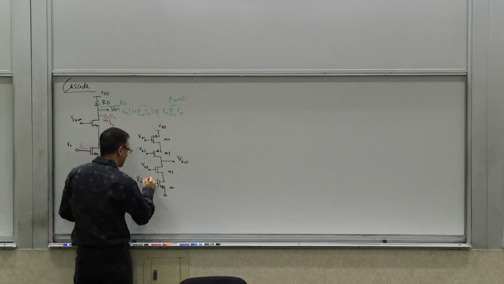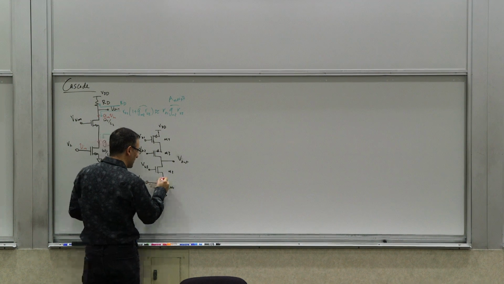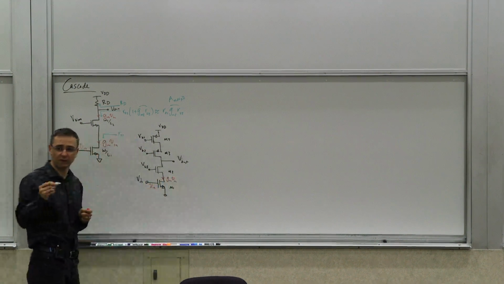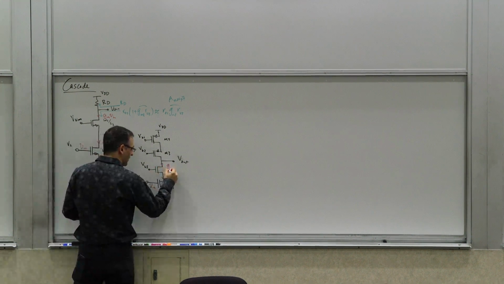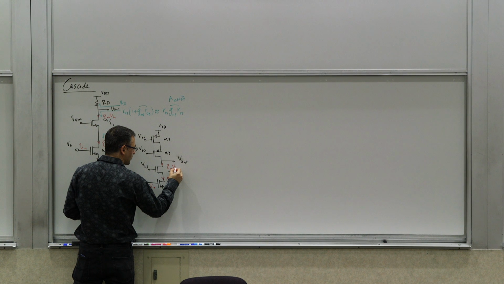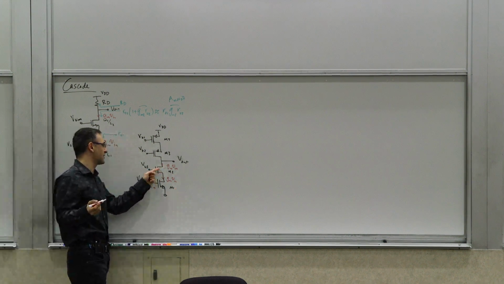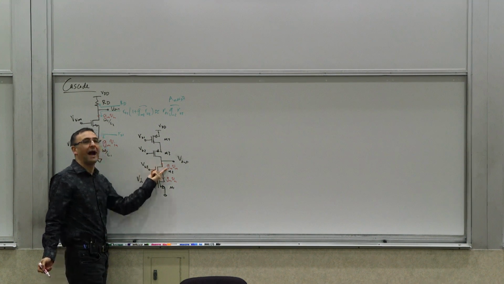Same deal, the same calculation. This is Vin, so this is going to be GM Vin, the small signal variations, which will directly appear here because the current gain from the source to drain is 1 for a MOSFET. And if this was a BJT, what would this number be? Alpha times that.